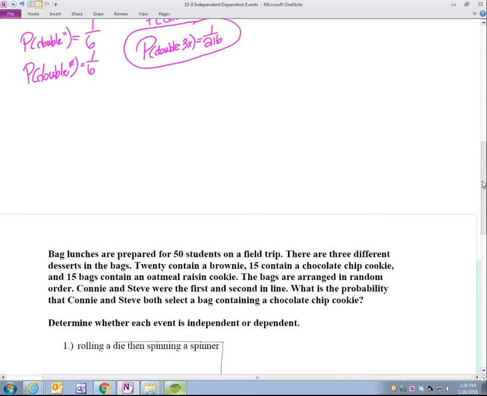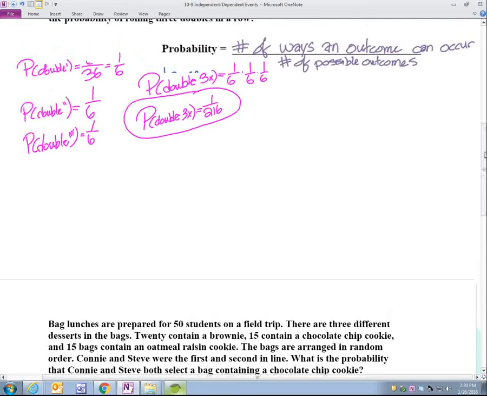So we have, well, can someone tell me, is this another dependent or is it an independent situation, and why? What do you think? Dependent. Why do you think it's dependent? Because once Connie gets one lunch, then Steve will have fewer lunches to choose from.